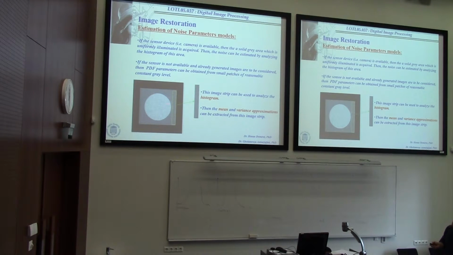For example, we cut a part of the image, for example here, but it doesn't matter, you can easily cut it from this area or this area. But in this example, we cut a piece of the image here, and then we want to find the histogram of this piece of the image.